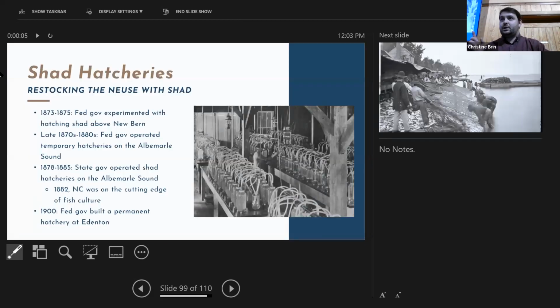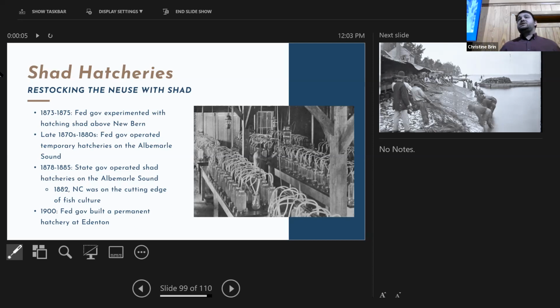Okay, so with all these nets and all this fish being caught, and fewer and fewer people being able to fish because there's not as much fish to go around, the state had a panic in the 1870s, and the federal government as well, and said, we've got to save the American shad on the rivers and the sounds of North Carolina.